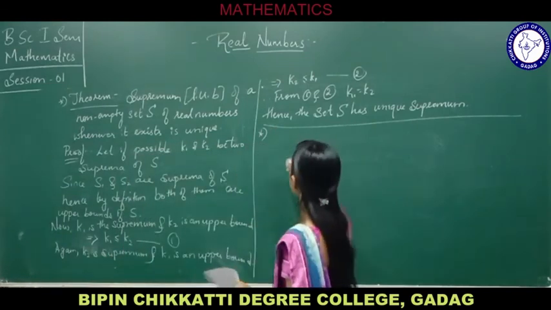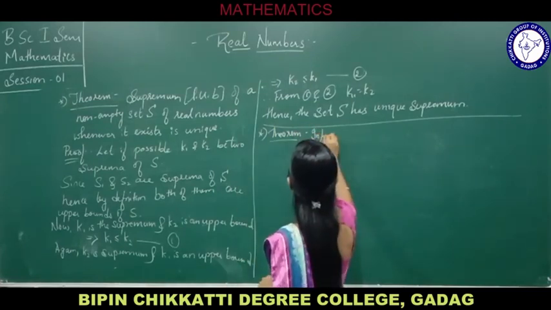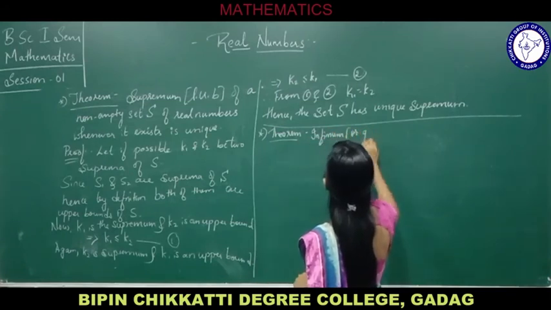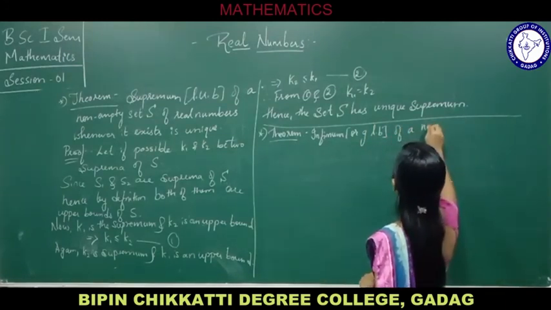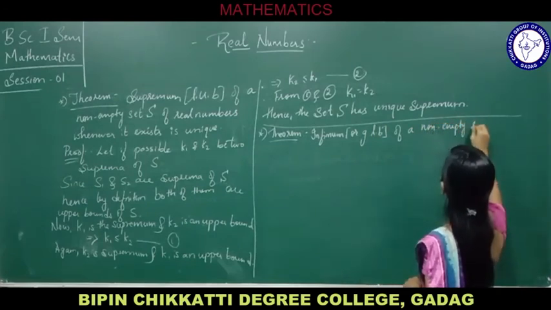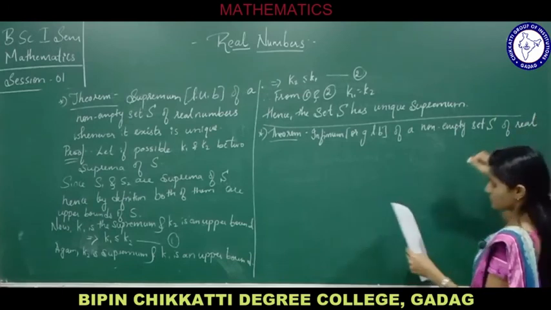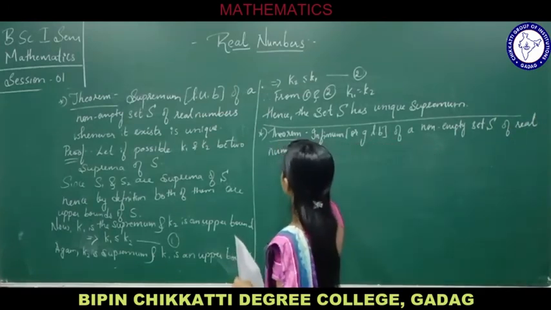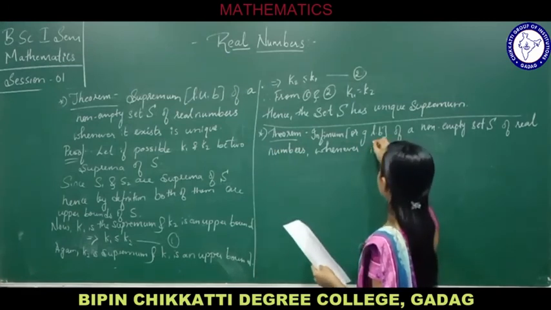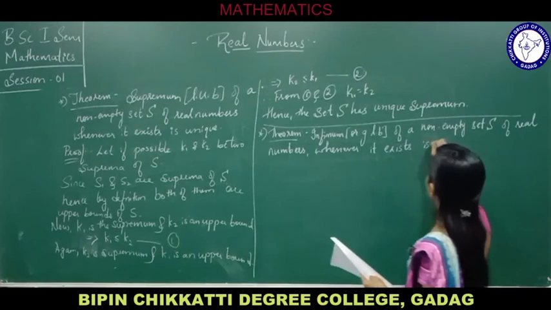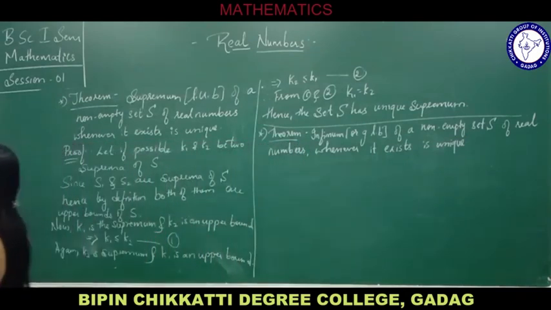Like this supremum theorem, this is the theorem for infimum. The infimum, or greatest lower bound, of a non-empty set S of real numbers, whenever it exists, is unique.